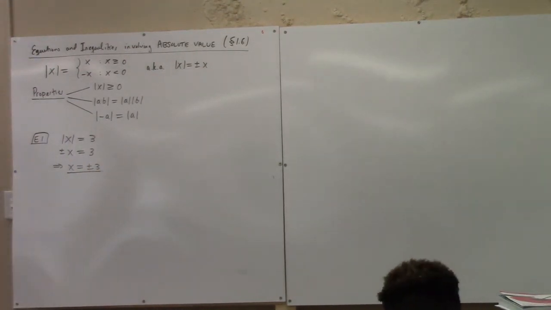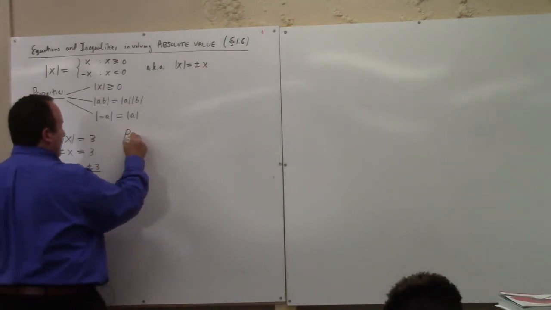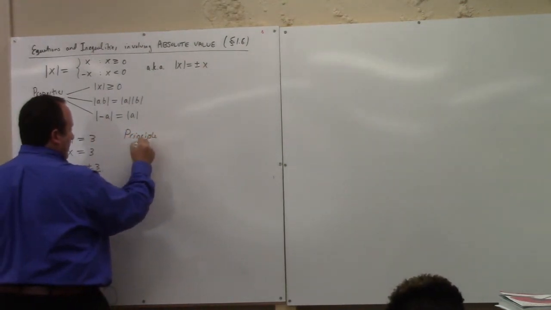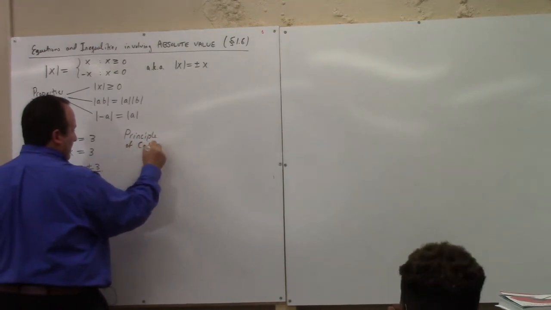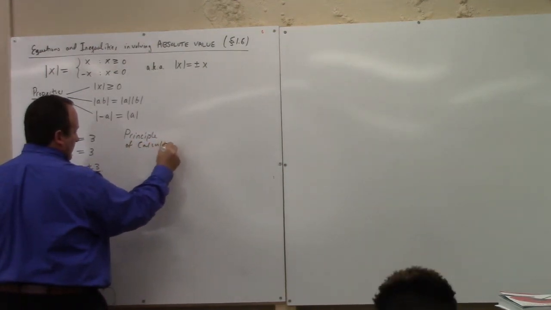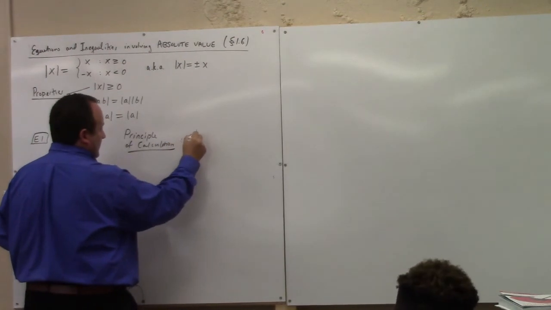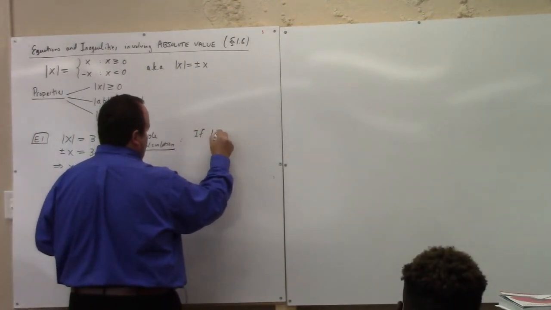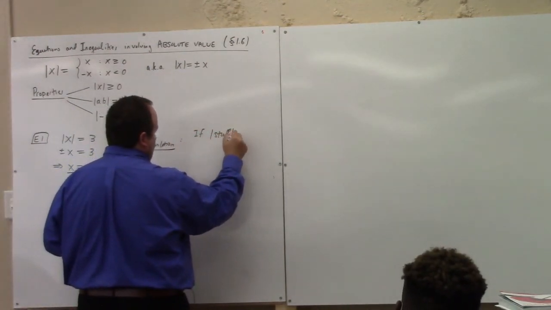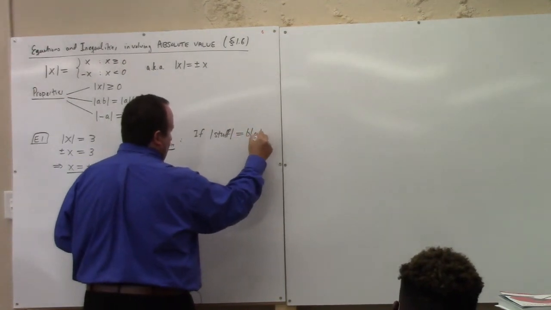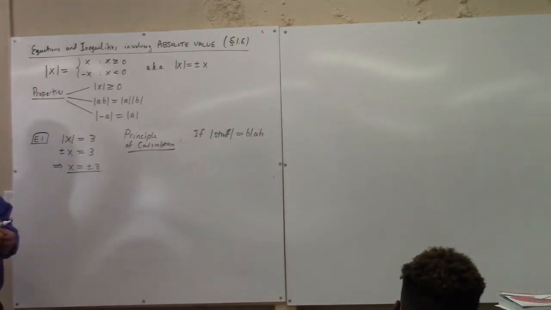So that's the first principle, a principle of calculation. If you have absolute value of stuff equals blah, how do you solve that?